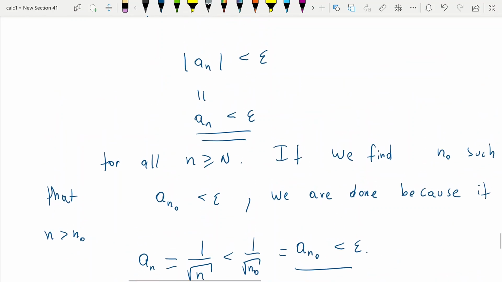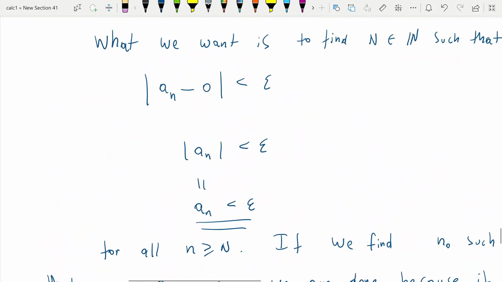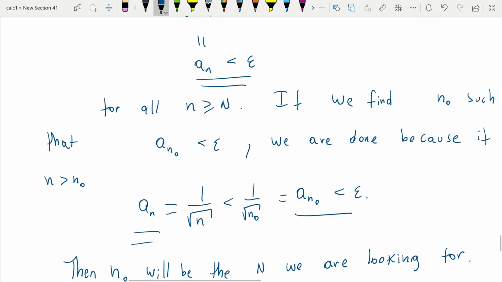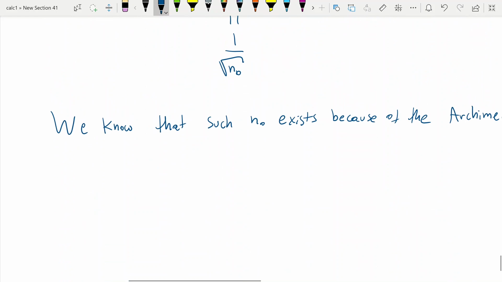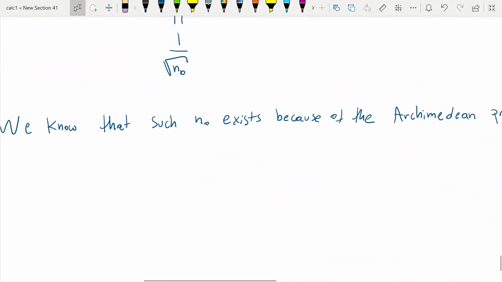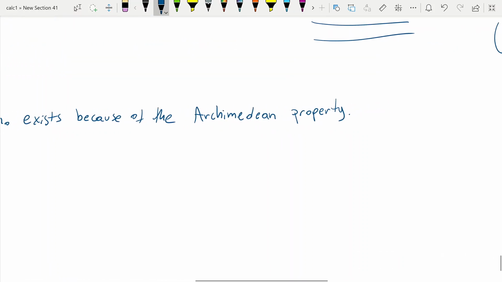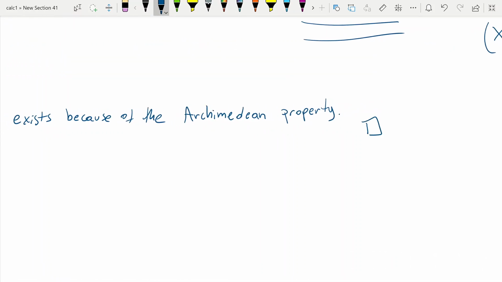But going back, a sub n being less than epsilon is exactly the same thing as saying in this particular case that the absolute value of the difference between a sub n and the limit that we're trying to show is the limit for a sub n is less than epsilon. So we have actually shown the property, and so this is the end of this illustration.